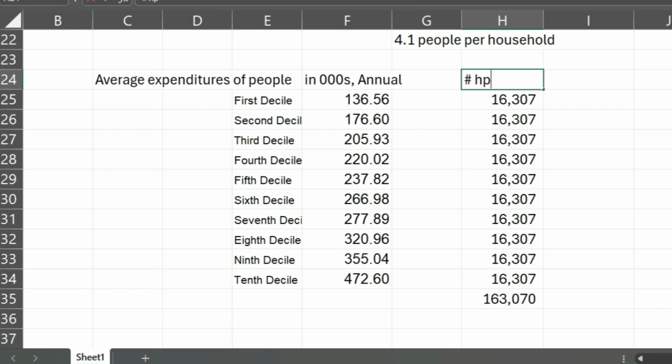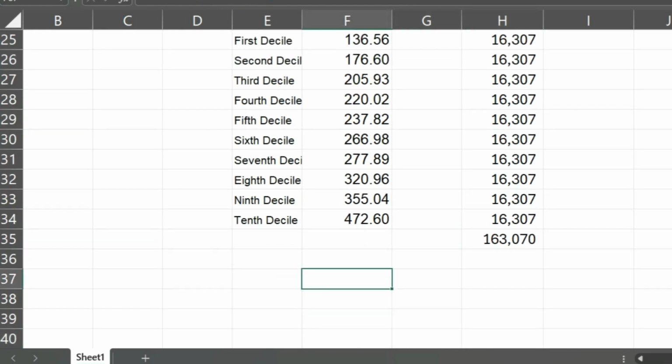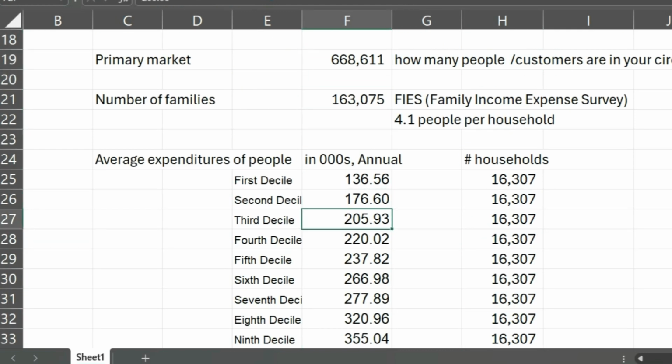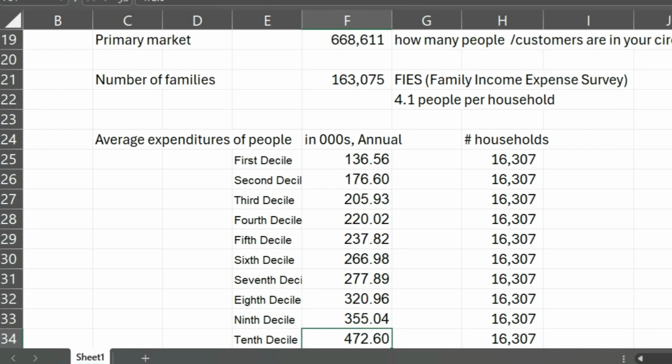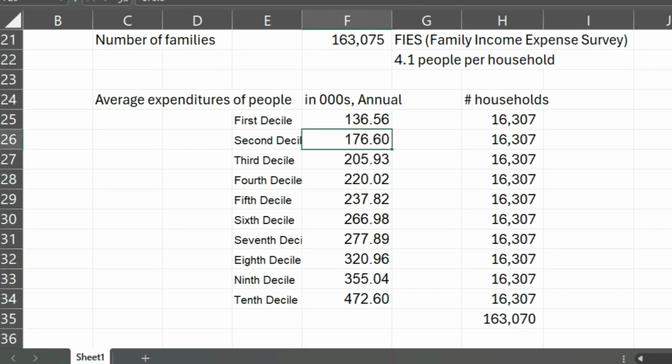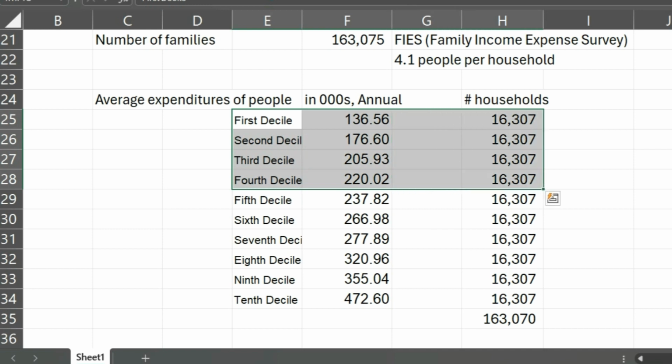Now, this is the next one that you have to understand. If you are going to put up a restaurant, you have to understand which is your target market. If your target market is the lower end, then you will have to put yellow in this. So, for example, this is my target.